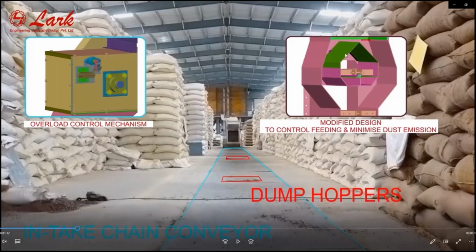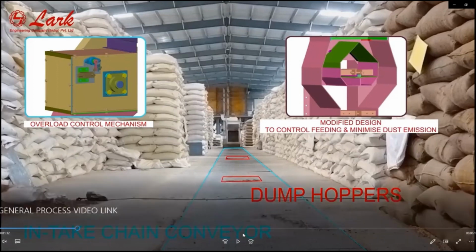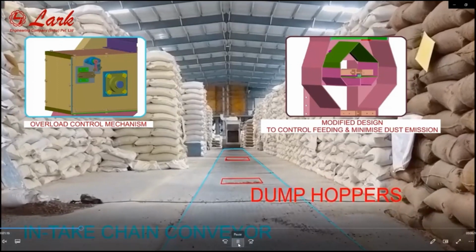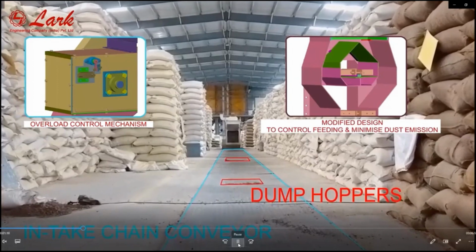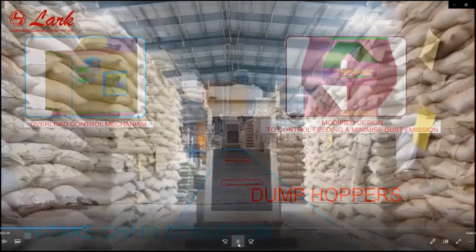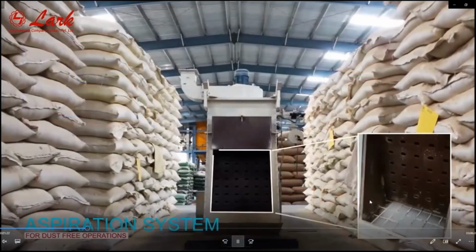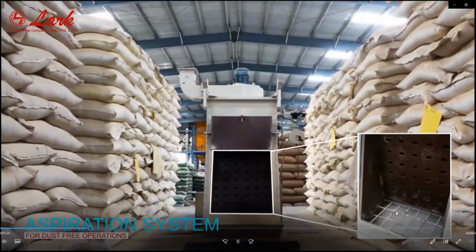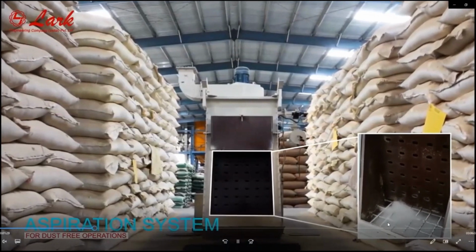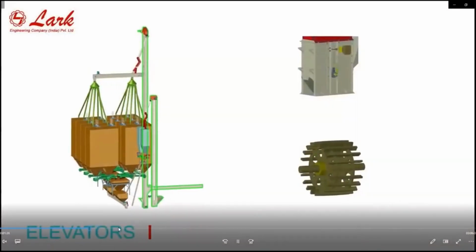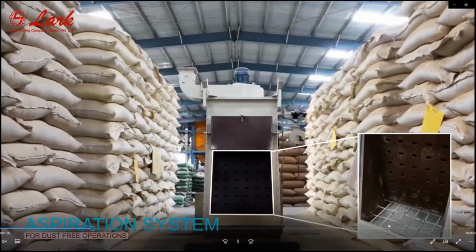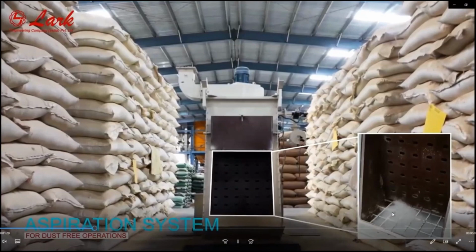The back pressure of the air can be controlled with the help of this design. We can see the dust here that the chain and the elevator produce. By installing this aspiration system, the suction system, we can control all this dust in the feed mills.